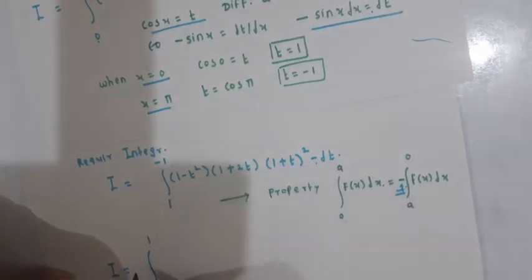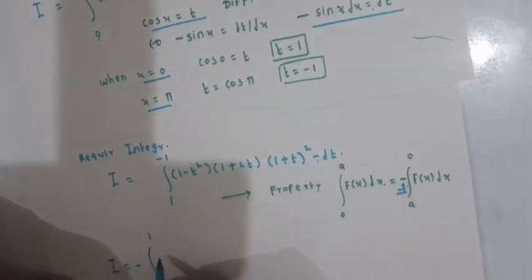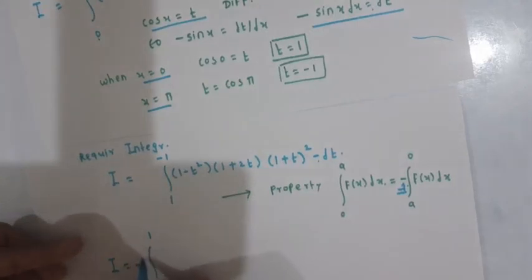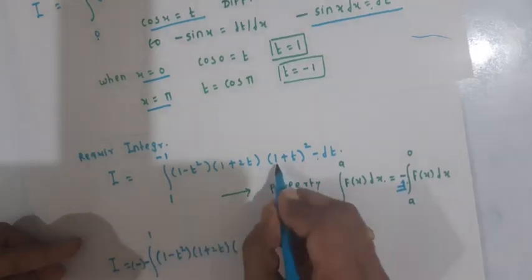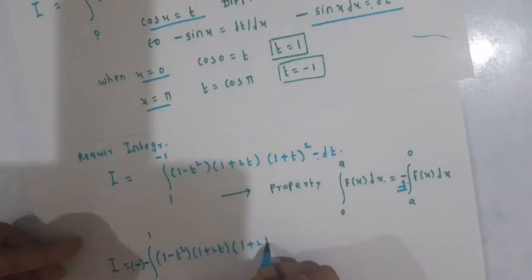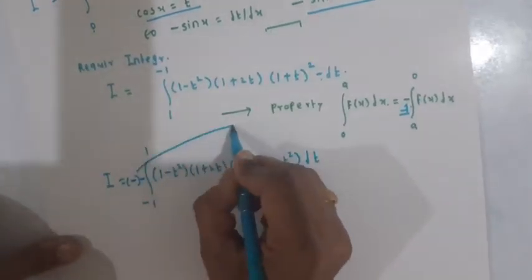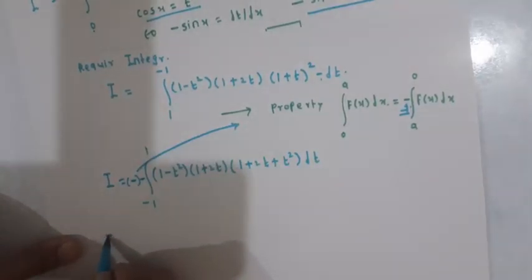Then the minus sign is there, and because of interchanging the limits of integration the sign gets changed, that is minus into minus will become plus, and this is 1 minus t square, 1 plus 2t into 1 plus t square is 1 plus 2t plus t square, with respect to t. Therefore integration I equal to minus 1 to 1.